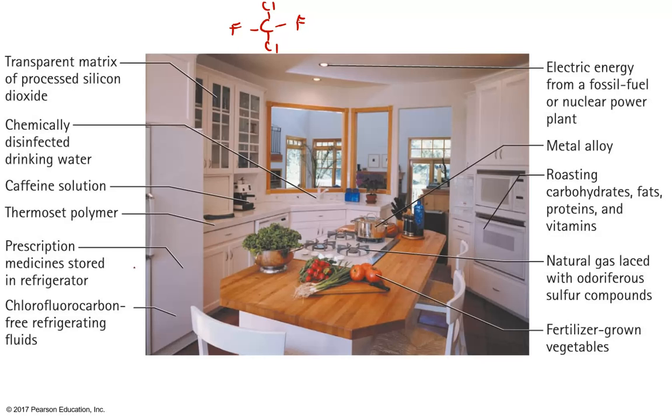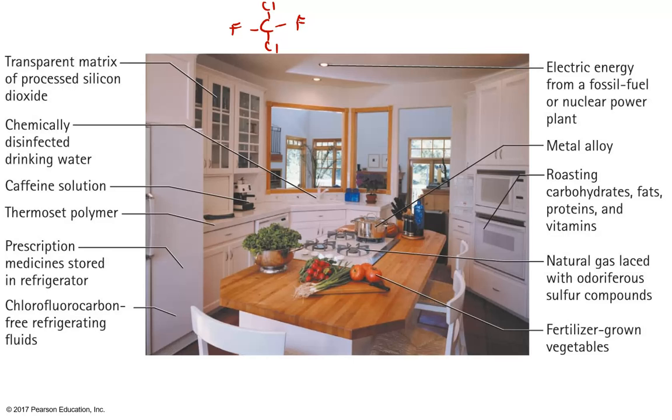The prescription medicine stored in the refrigerator. Already talked about the refrigerator. Electric energy came from either burning fossil fuels or possibly nuclear power plants. Those are two examples of chemical reactions. The metal you already pointed out. Roasting carbohydrates, fats, and proteins in the oven. Fertilizer-grown vegetables. They got the soil, I guess, there with the vegetables.